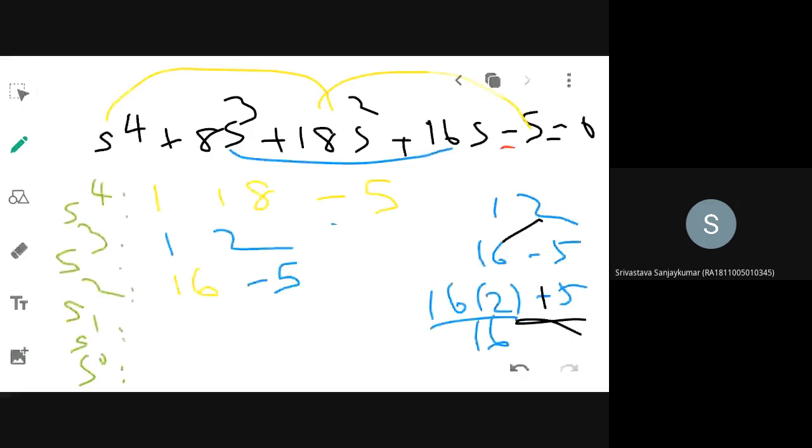So 32 plus 5, 37, divided by 16. How much is 37 by 16? I think it's 2.31. Okay, minus of minus 5, if you do that, it will become plus 5.